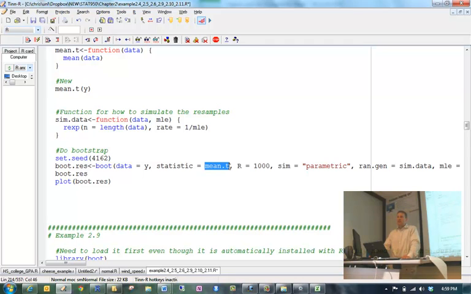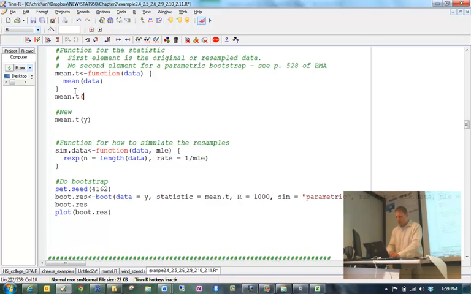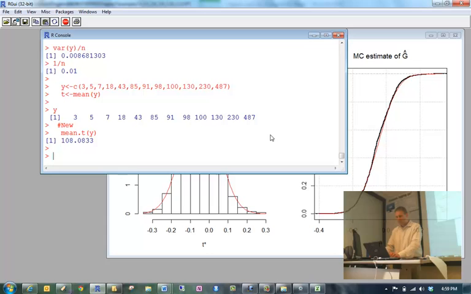Since this is such a simple thing that we want, I want to find the mean every single time. I could just simply put mean, use the actual mean function in R. Instead, to illustrate this more, I wrote my own function, mean.t. Function, I'm going to pass in data. See that? And I'm going to calculate mean of t. So just to verify that indeed this works, I can say mean.t data equal y. Oh, I guess I already had that. Sorry. 108. Number of hours.